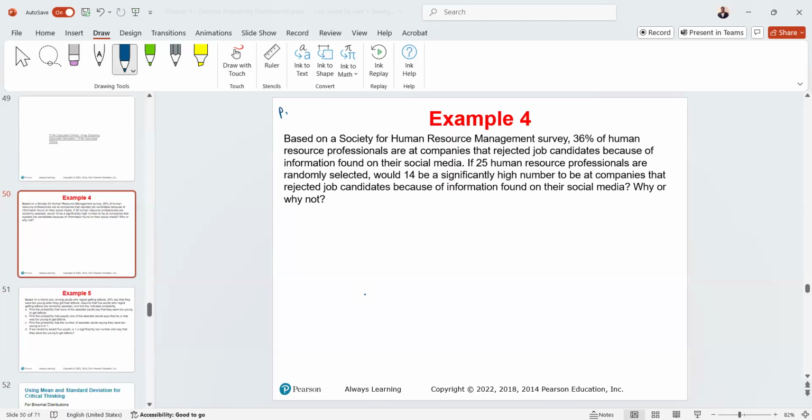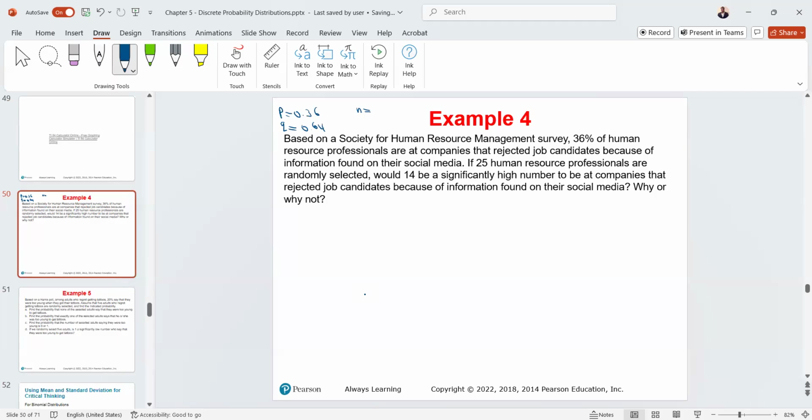So for us, probability of success is 36. What is the probability of failure? Yes, 0.64, because that makes it 100%. The next information to find is N because you have to have P, Q, N.